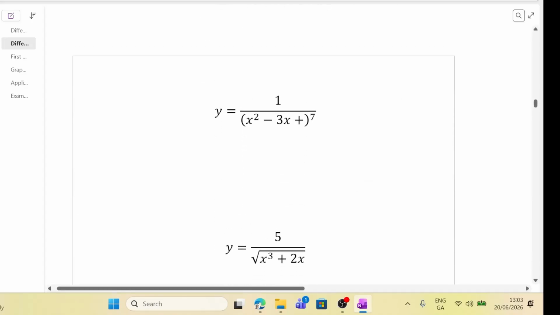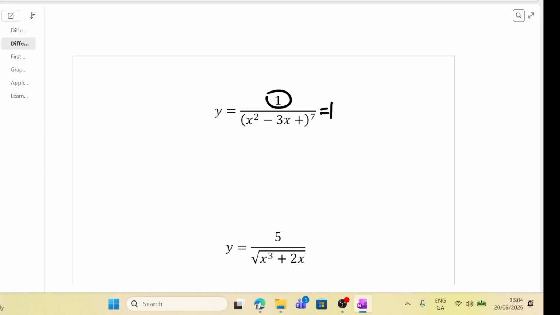Now, if you look at something like this, we could probably use the quotient rule, but it's a bit too long. So instead of that, I'm going to use again rules of indices, and if I have a number on the top, then I can write it like this: 1, bracket x squared minus 3x plus 1, to the power of minus 7.